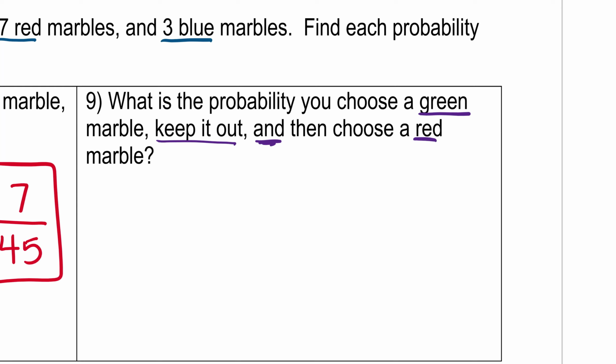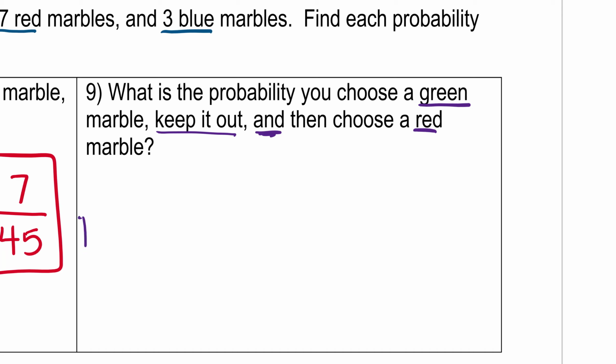That means the second time when I go to draw the next one, my sample space, my total number of marbles in there have changed. So my first outcome does affect the next one. That's dependent. Okay, so I'm going to have probability of green and red.